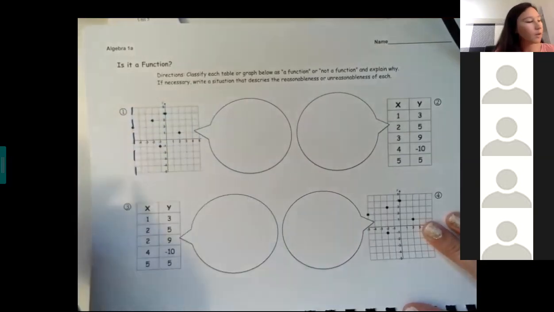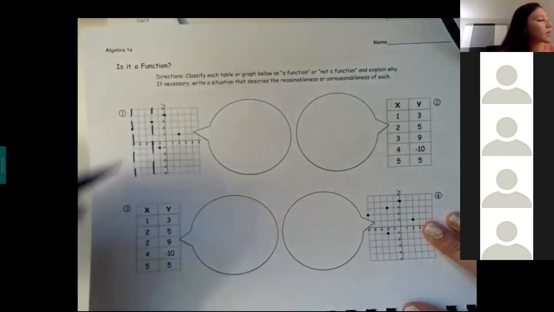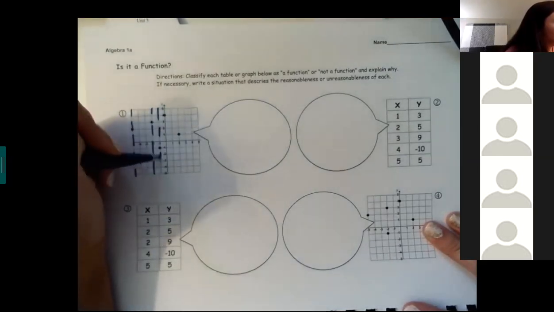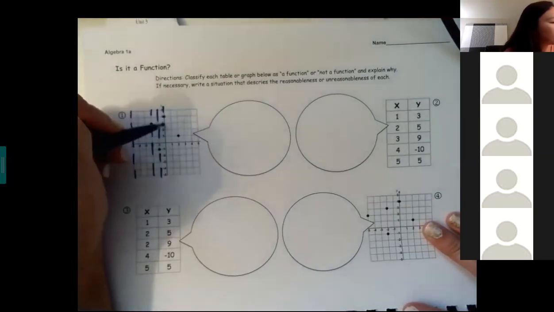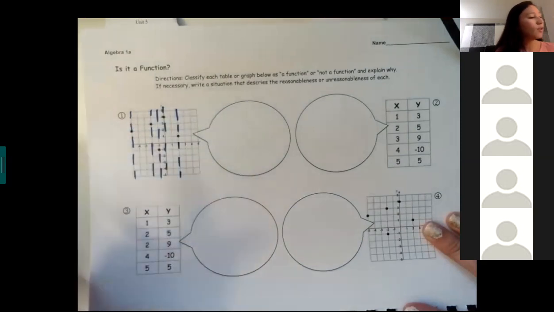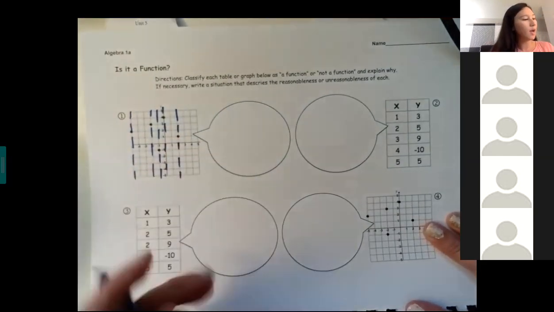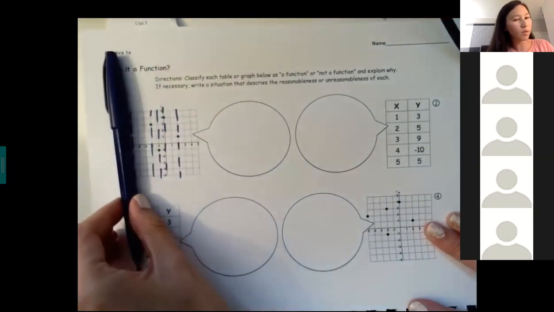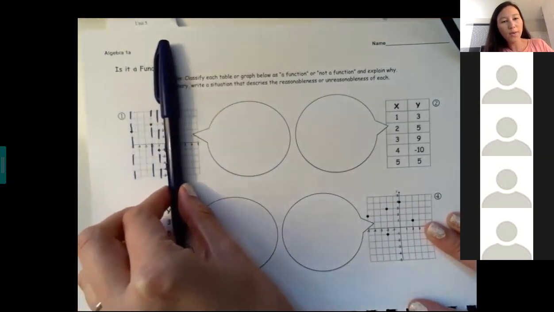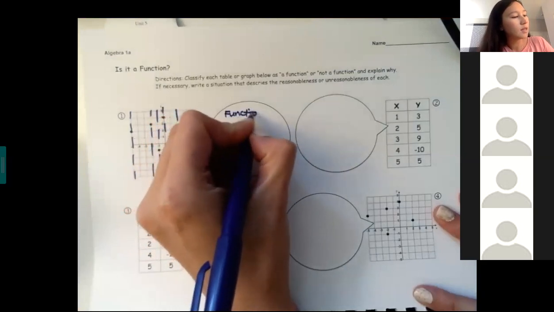In this case, it only crossed once. There was only 1 point on each of those lines. So anywhere we draw a vertical line or move our pen through, it only crosses once. So in this case, this is a function.